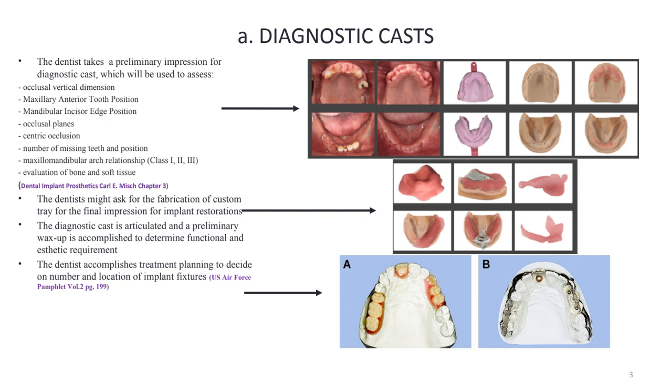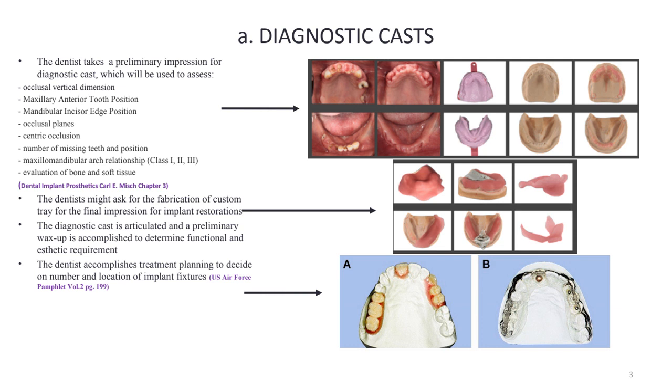Maxillomandibular arch relationship: if a patient is in crossbite, again, we have to be aware of this. And evaluation of the bone and the soft tissue. So those are all the factors that the doctor has to take into account, and he can look at the diagnostic cast and see the areas where problems might take place.